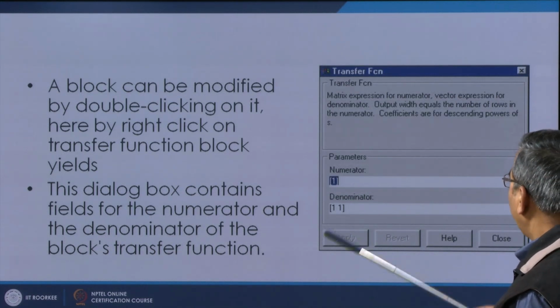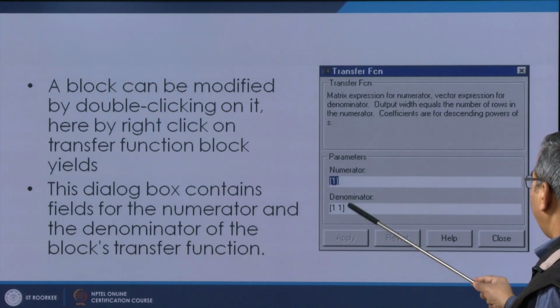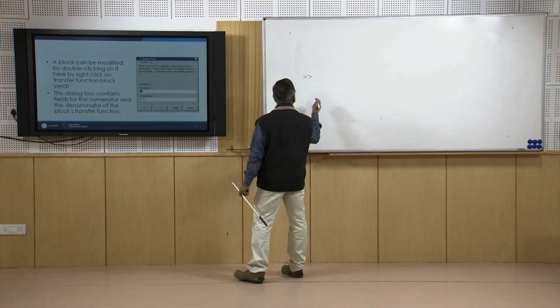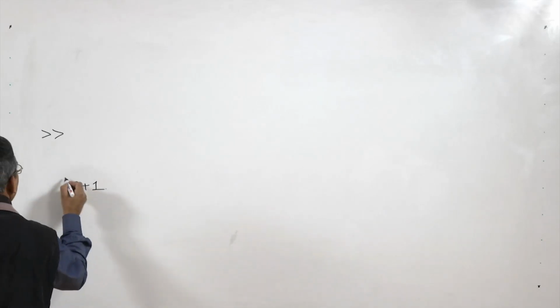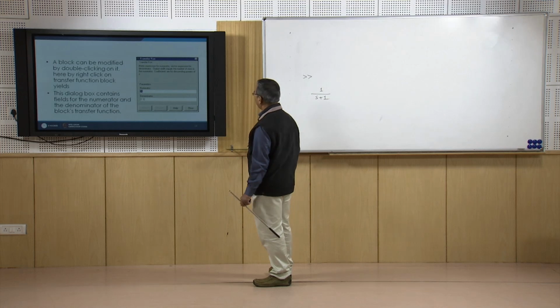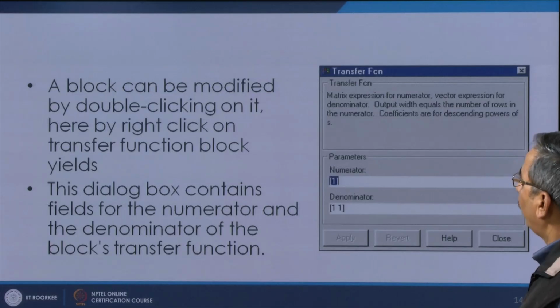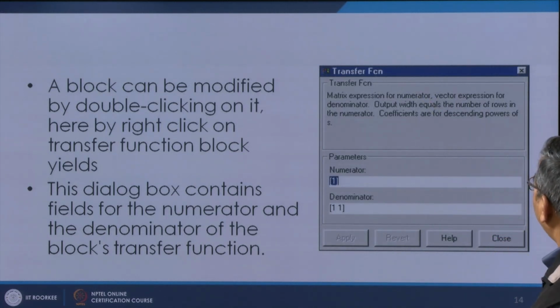Say the numerator is 1 and the denominator is 1 1, and this 1 1 basically means that it is s plus 1. So, this way we can specify the transfer function.